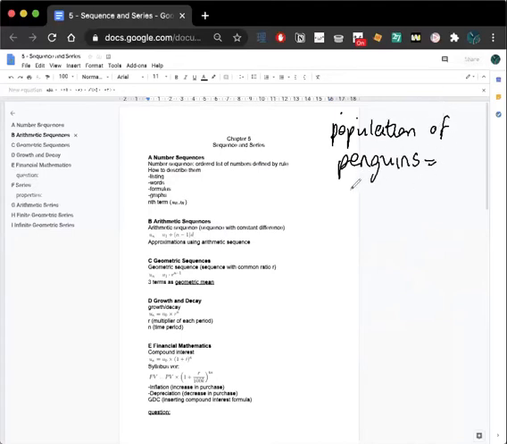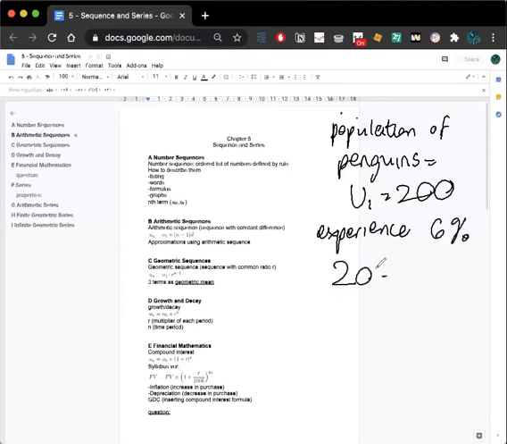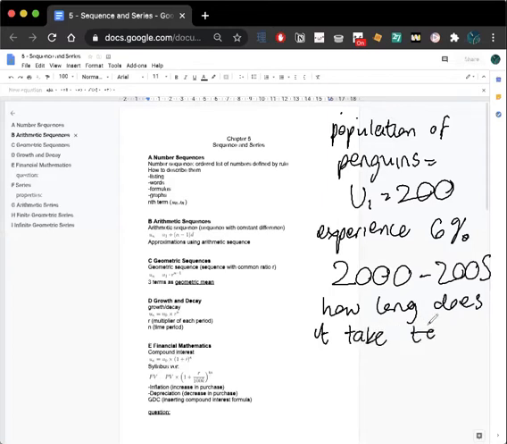Their initial population is 200, and they experience a 6% growth from 2000 until 2005. So if I ask, how long does it take for them to reach twice its population?